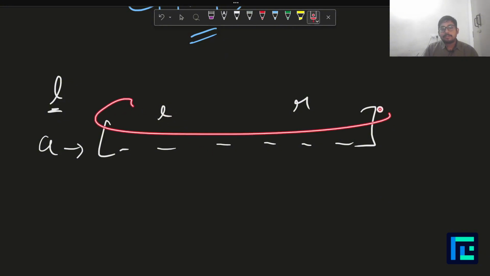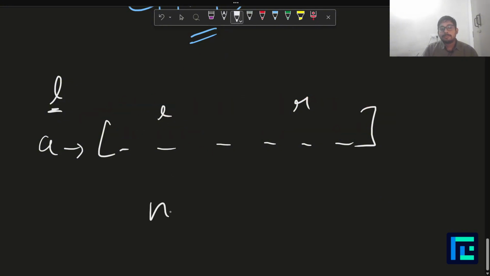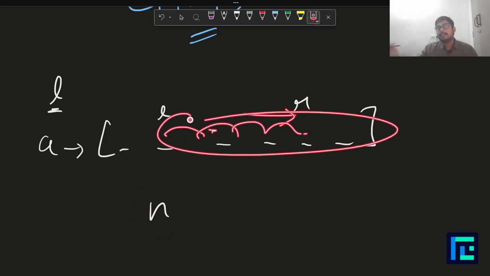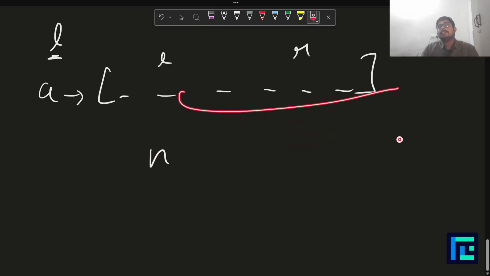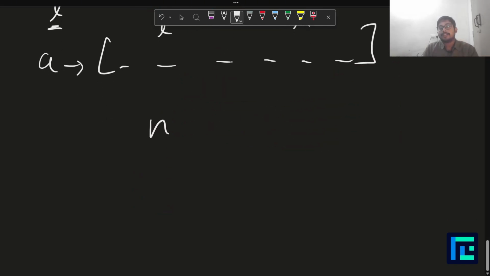So brute forcing through all the L would be order of n, the n different L that can exist. Inside that, in order to find the R, you take GCD, GCD, GCD. At max, you would have to do n GCDs, and every GCD requires a log factor as well.